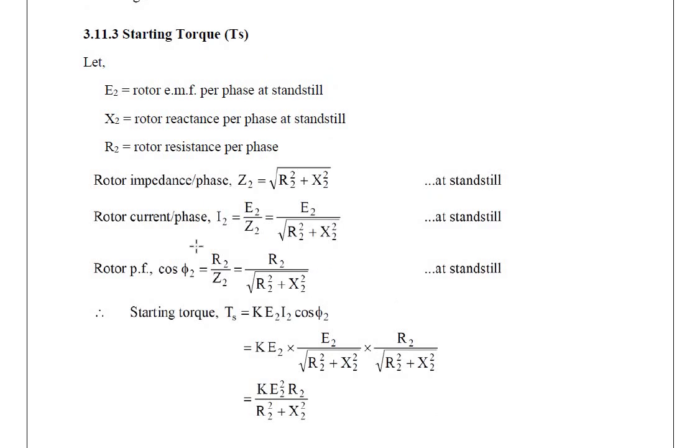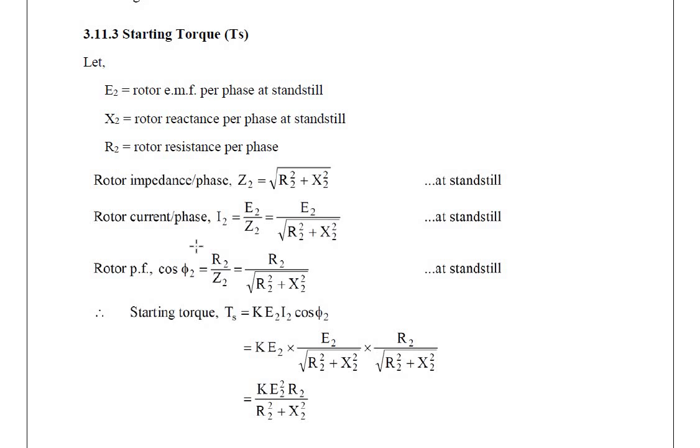Now starting torque Ts. Let E2 be the rotor EMF per phase at standstill, X2 the rotor reactance per phase at standstill, and R2 the rotor resistance per phase. Rotor resistance per phase R2 is a constant term.